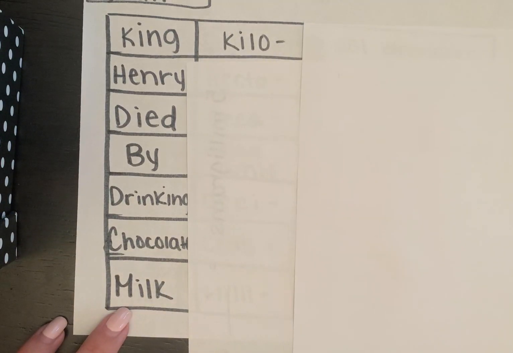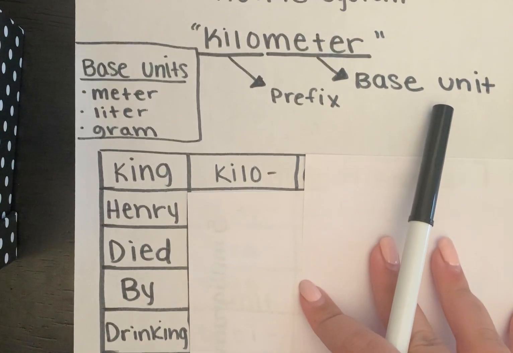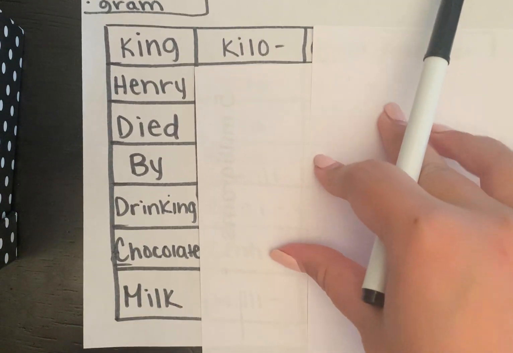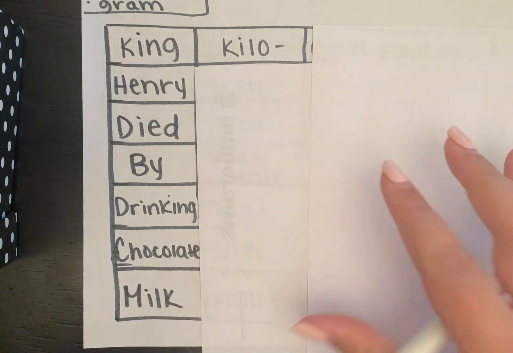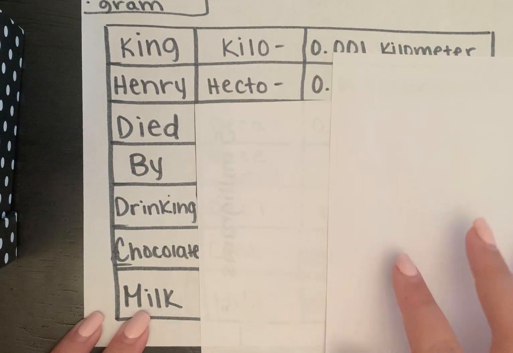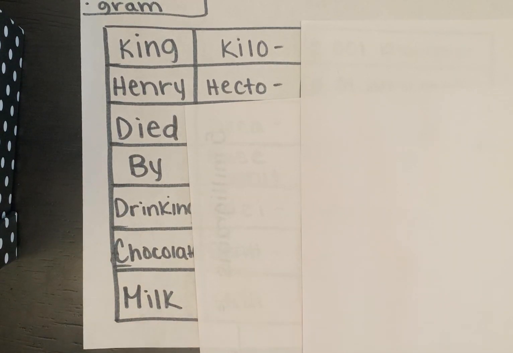Actually, I'm gonna cover that part up. So king stands for kilo, okay? We talked about kilo up here. Kilometer, however you wanna say it, same meaning, okay? Sorry, I'm gonna move my papers around a little bit. The next one is hecto. Henry stands for hecto.